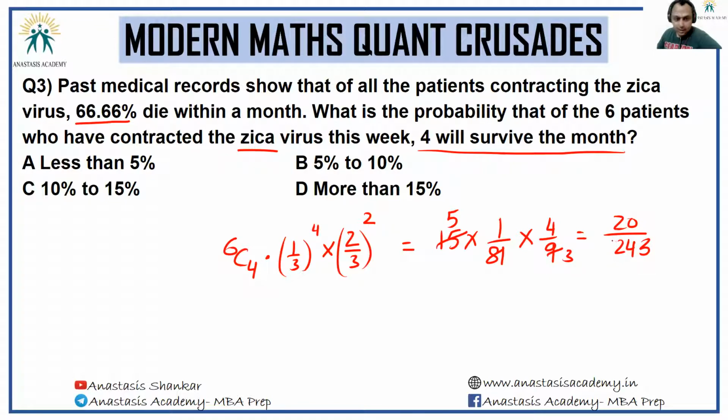Hopefully you can see this is less than 10% and more than 5%. 10% of this number would be 24.3, and 5% of this would be 12.15. 20 lies between them. So the answer has to be option B.